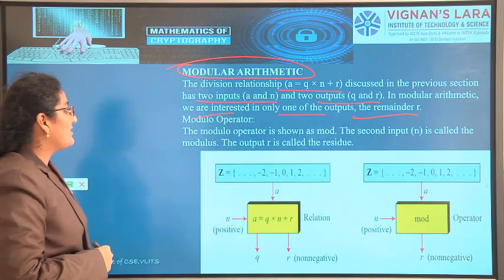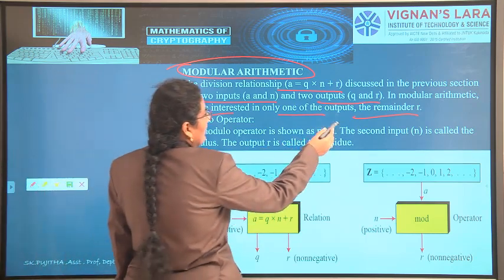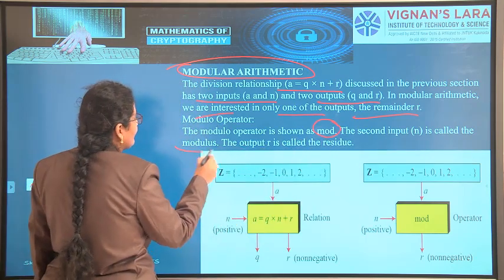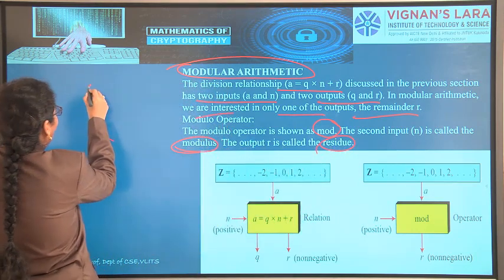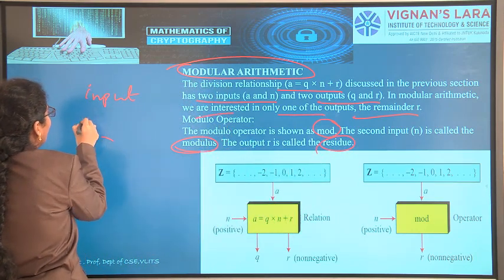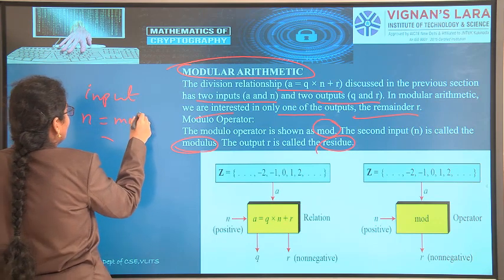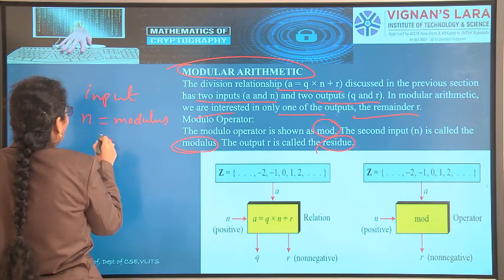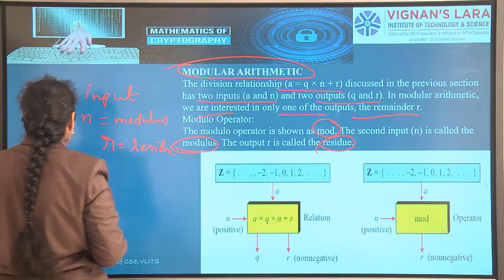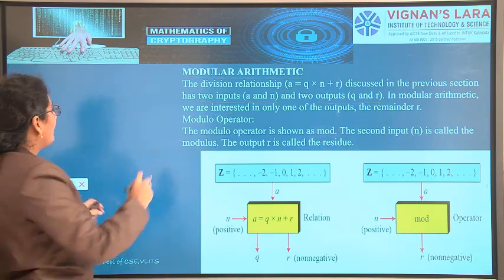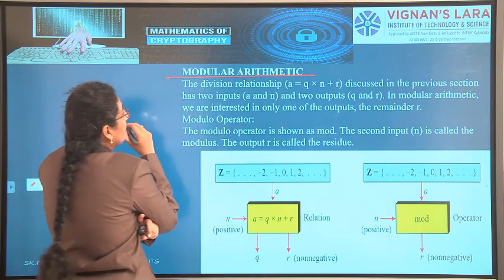The modular operation is shown as mod. The input N is called the modulus, and the output R is called the residue.